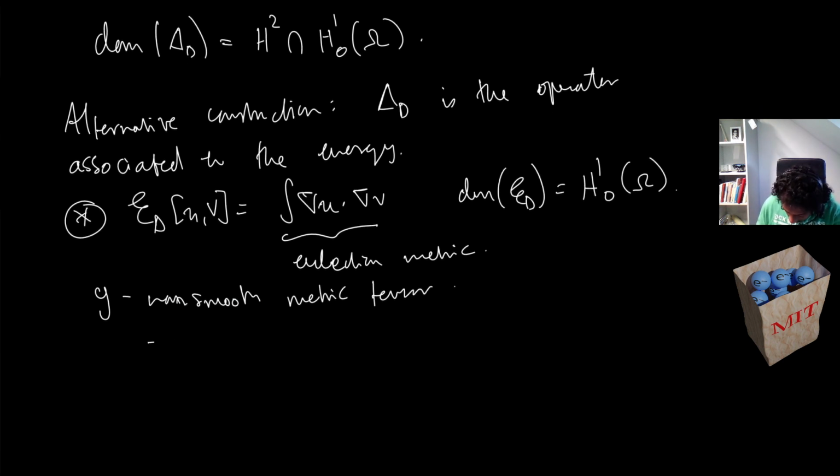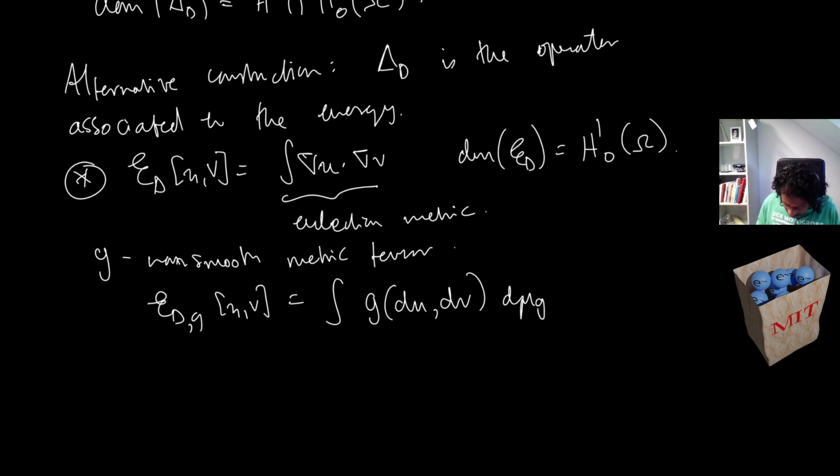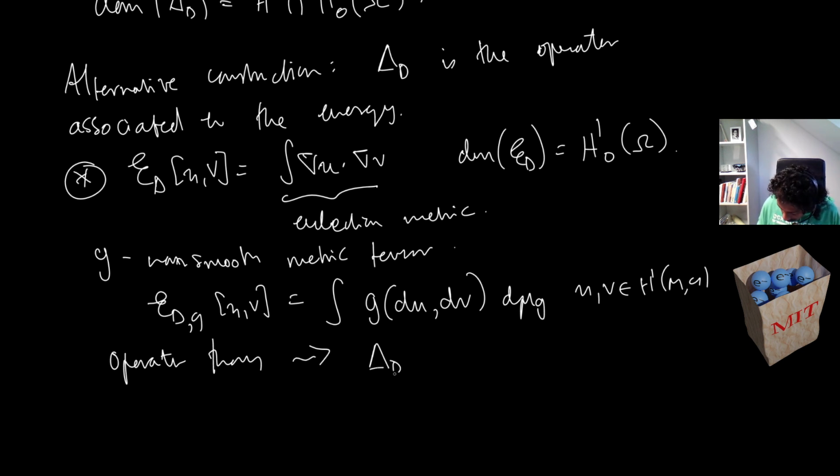you can still write E_D(u, v) equal to g of du, dv, equivalently with respect to the measure that's induced, with of course u, v in H1 of your manifold M_g, and then operator theory will give you the Dirichlet Laplacian, right?